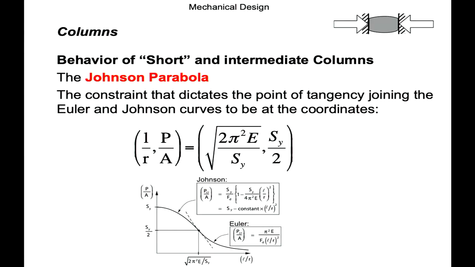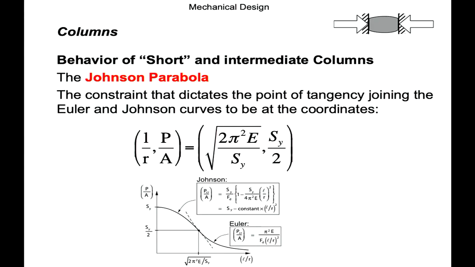That's L on R, comma P on A, it's like X, comma Y. The y-intercept corresponds to yield on 2, and this equation is associated with yield as we move down.